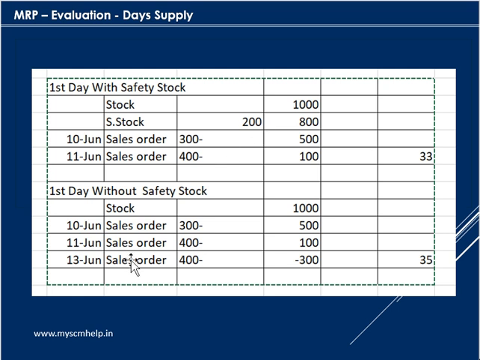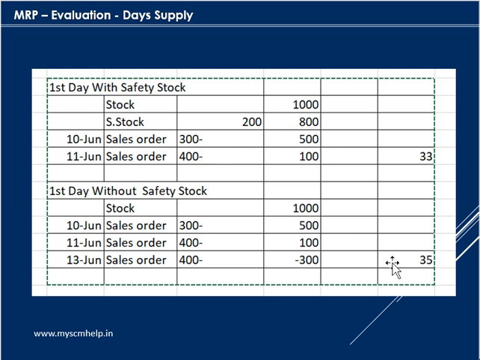Now, without safety stock, let's assume that we have the stock of 1000, and even if we had a safety stock as a line item here, when the stock physically goes down, we have 1000 quantity. So on 10th, 11th, 12th, there are sales orders for which you have to cater the requirement, and on 13th June it goes negative. So the system will calculate the difference, from today, which is let's say 9th May, till 13th June, there are 35 days.